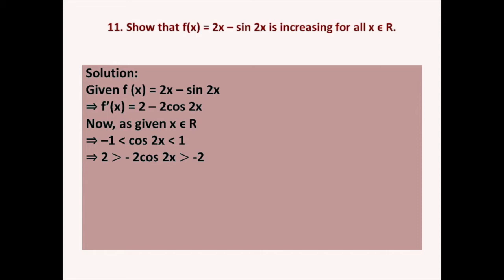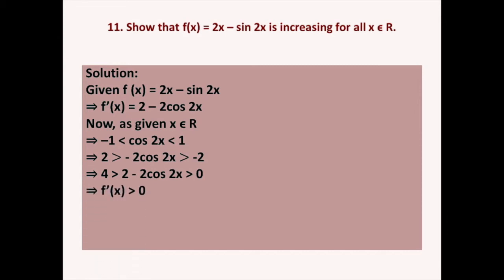So it becomes now 2 being greater than minus 2 cos 2x, greater than minus 2. Now further, I am going to add 2 to it. So I will get 4, that is 2 plus 2, being greater than 2 minus 2 cos 2x, being greater than the other side, 2 minus 2, that is 0.